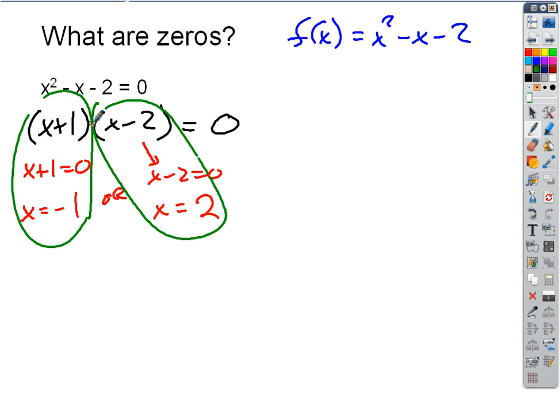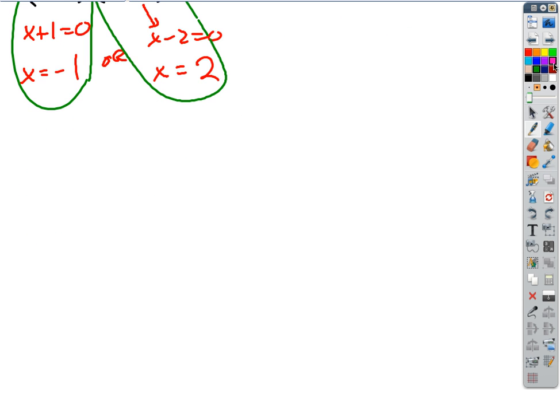So I want you to just practice a couple of these. We're going to focus just on this one little relationship for just a second. I'm going to give you a factor, and you tell me the zero. Don't say anything out loud. So here's the factor. Negative 1.